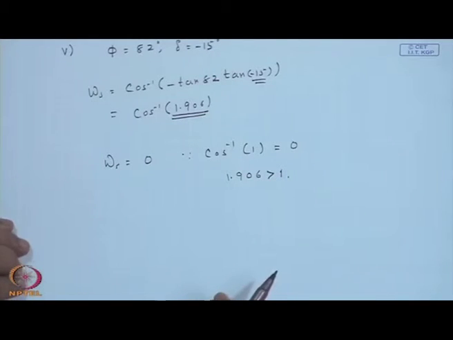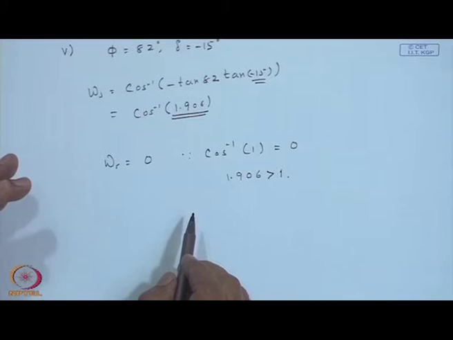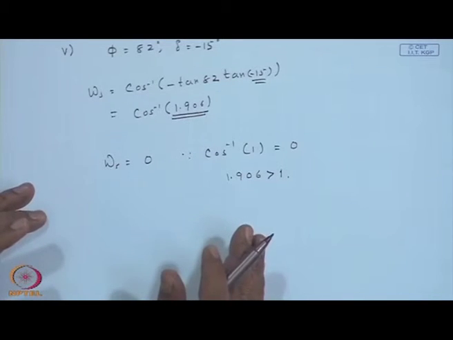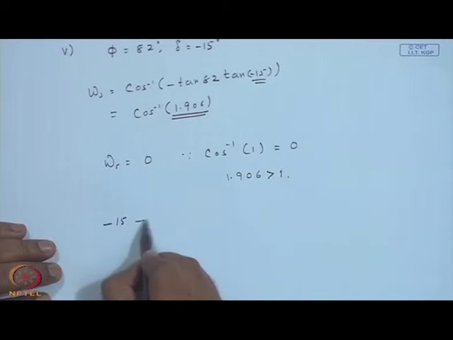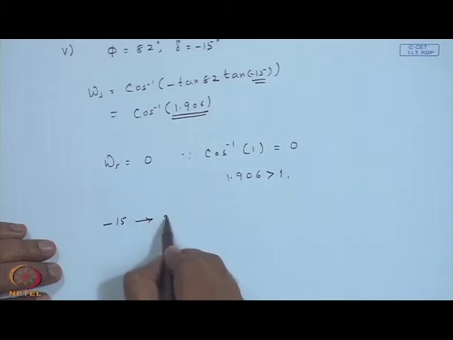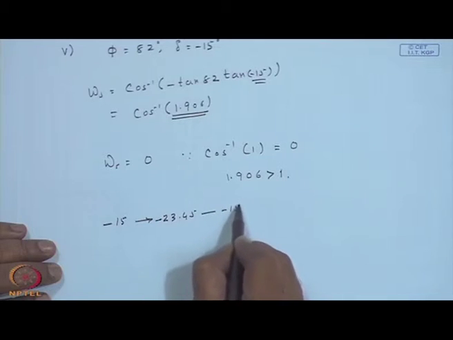What physically it means is the sunset does not occur just within 24 hours, but it goes to minus 15, to minus 23.45, then back to minus 15.